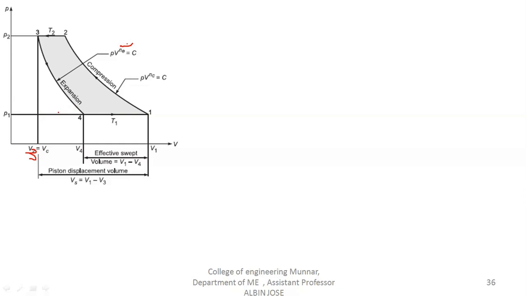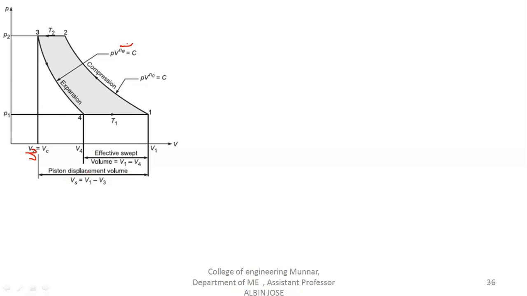The actual swept volume of the cylinder is 3 to 1, the total swept volume, which is called the piston displacement volume.